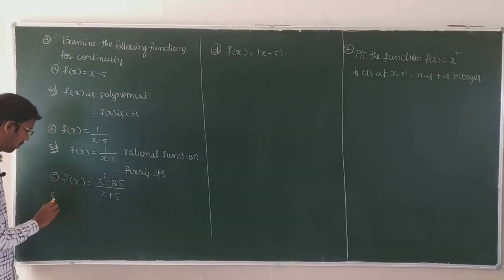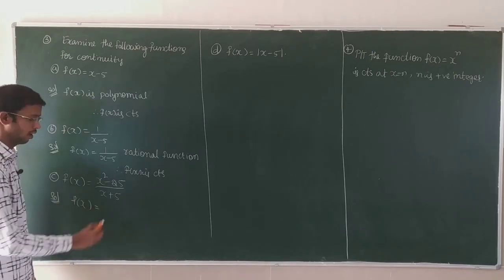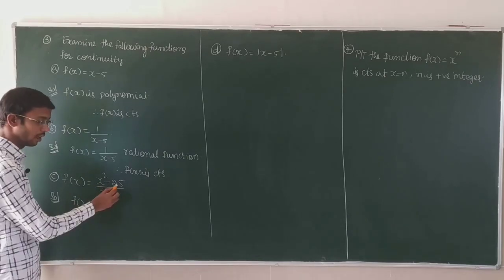Next, see this problem. f of x is equal to x square minus 25 by x plus 5.